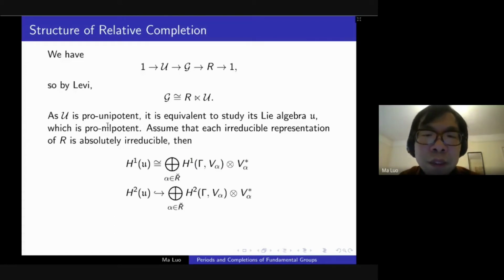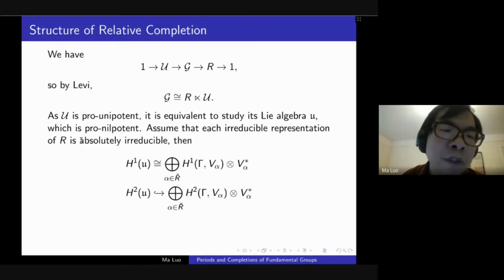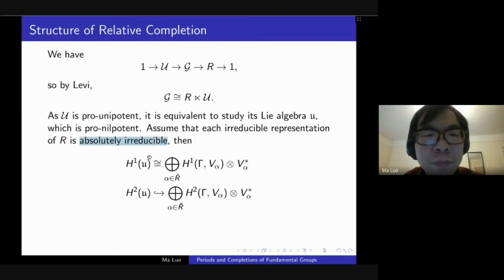Assume then that every irreducible representation of R is absolutely irreducible. That is, when you extend the scalars from Q to Q bar, the algebraic closure, the irreducible representation will still be irreducible. Then that's called absolutely irreducible. In our cases, the three cases in this talk, this is satisfied because R is either trivial or just SL2.